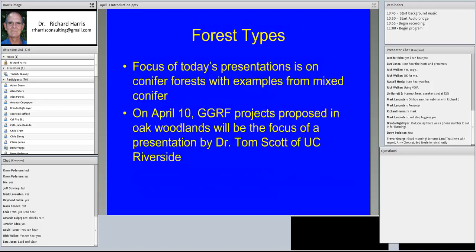The focus of today's presentation is on conifer forests, with examples from mixed conifer. As I mentioned, next week there's a number of applications that are potentially going to be submitted that deal with oak woodlands, so we're going to cover all of that next week. And Tom Scott from UC Riverside will be covering that.